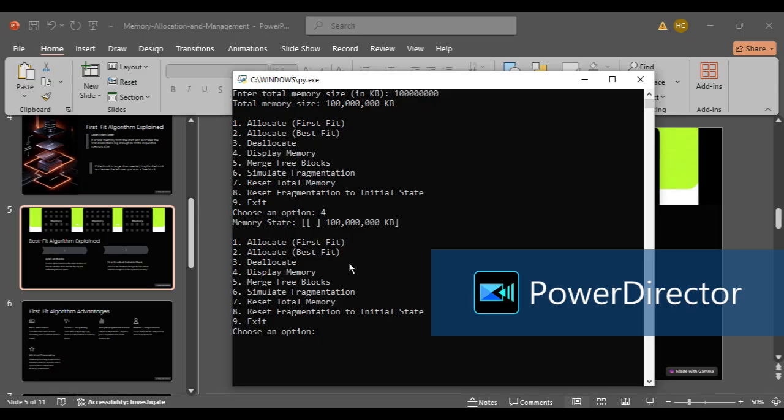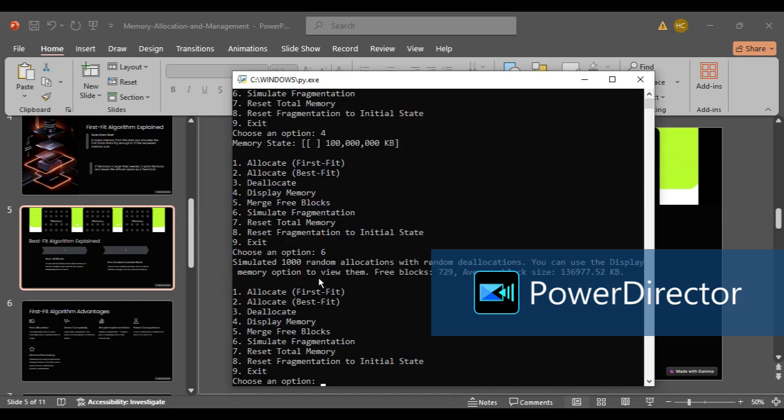Okay, so before we allocate using any of the algorithms, we will first have to simulate fragmentation so that as we allocate, the allocations can resemble real life scenarios. So I will choose option 6, which will simulate fragmentations.